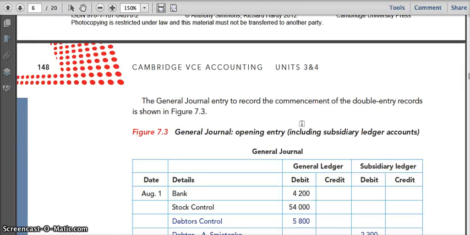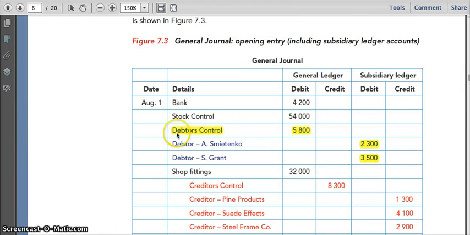What will happen is the debtors control is obviously what's going to appear in the general ledger, and then over here we'll have the detail of the debtors that will end up in the subsidiary ledger. Now notice that the subsidiary ledger doesn't necessarily need to balance at this stage, does it?